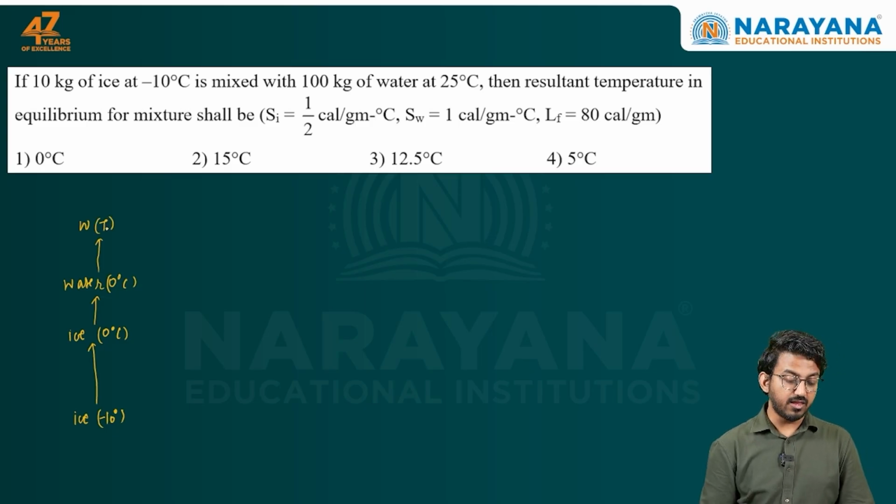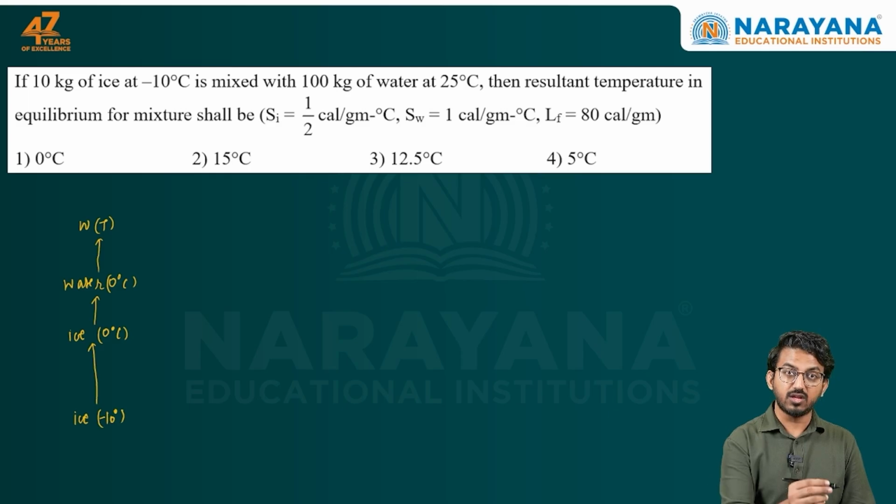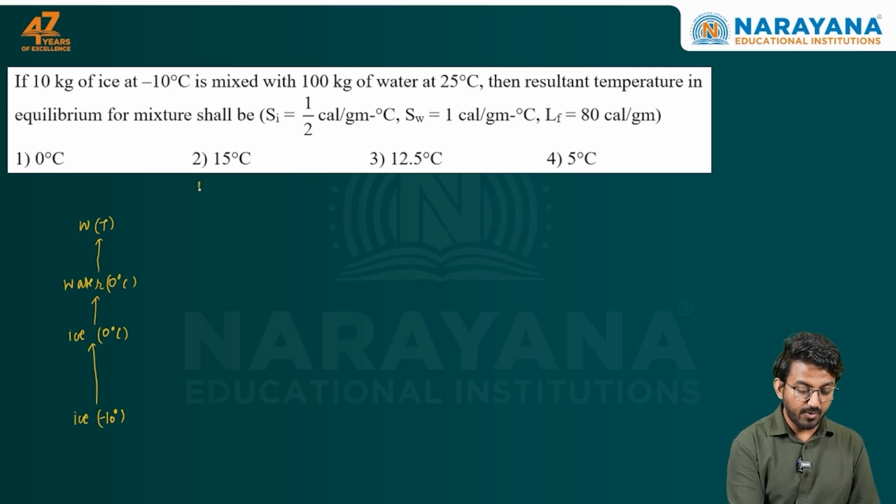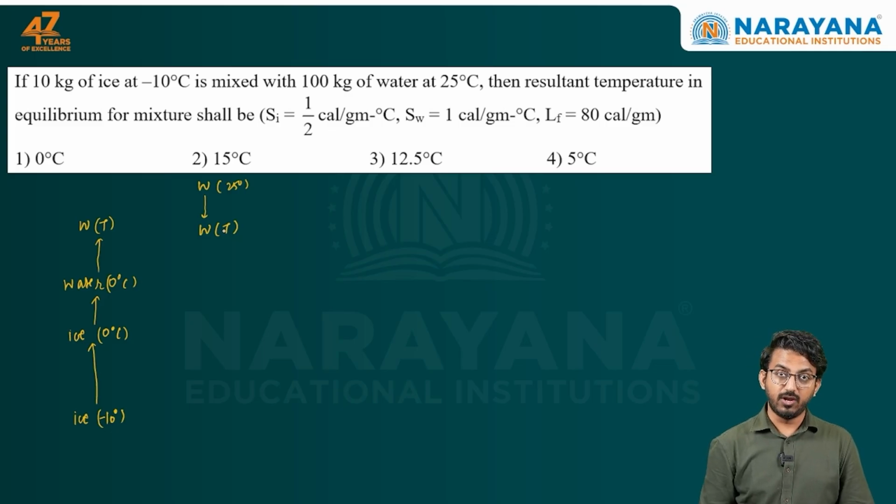Along this way, the ice will absorb energy. This is this process, it is absorbing energy, and from here we have water at 25 degrees Celsius coming down to water at equilibrium temperature T. And in this case, the water here will be losing energy.